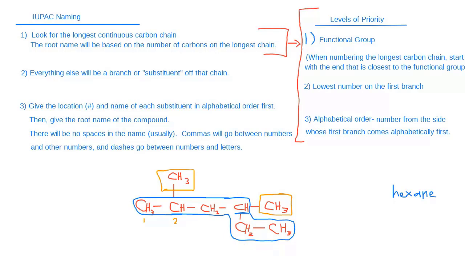Okay, so let's number the rest of them. So that's 1, 2, 3, 4, 5, 6. Okay, so now I have a branch on carbon 2 and a branch on carbon 4. And what's a 1 carbon branch called?